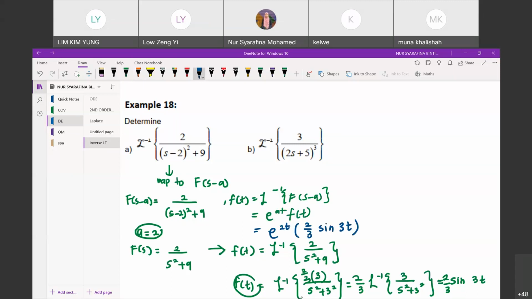Is that clear? So just modify here. Okay, clear or not? Understand or not?